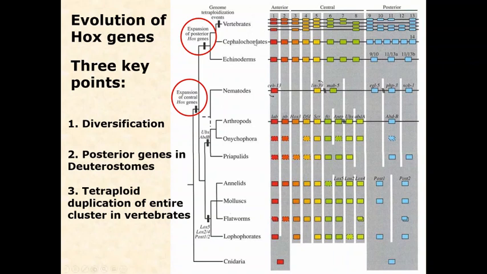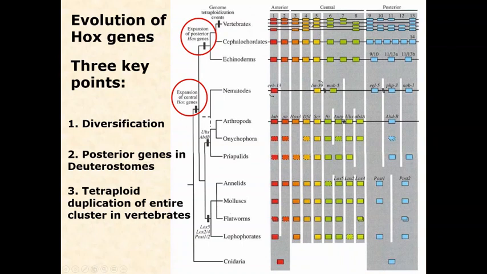So notice the cephalochordates, right? Amphioxus only has a single Hox complex, although many genes in it. But vertebrates, including you and me, fish, amphibians, reptiles, mammals, all have 4 different Hox complexes found on 4 different chromosomes. And there have been loss of some genes, but we still have maintained many of them.